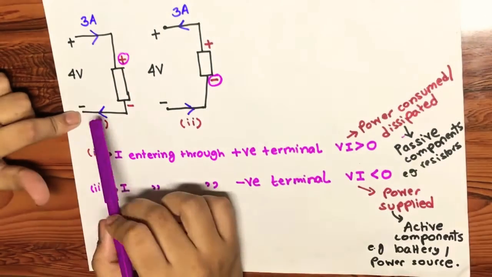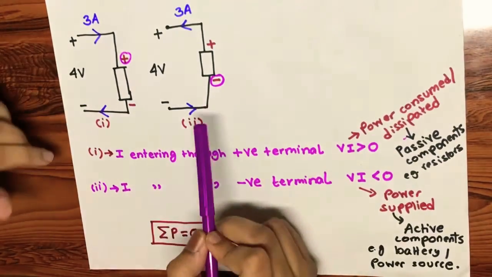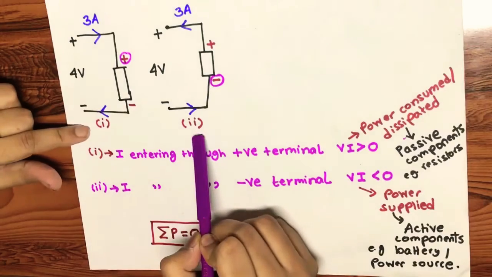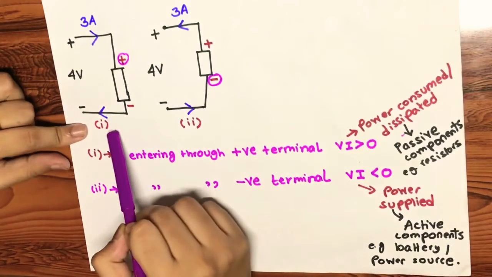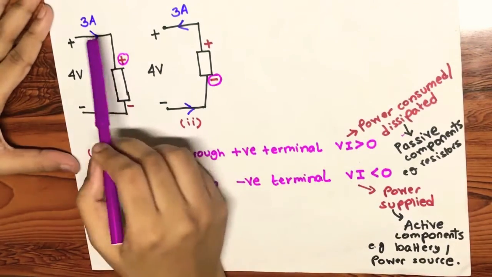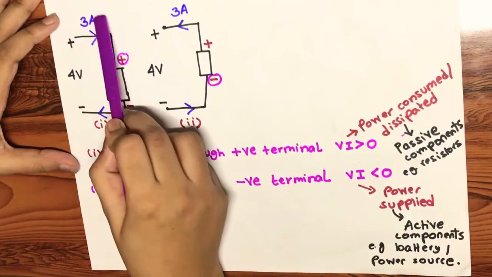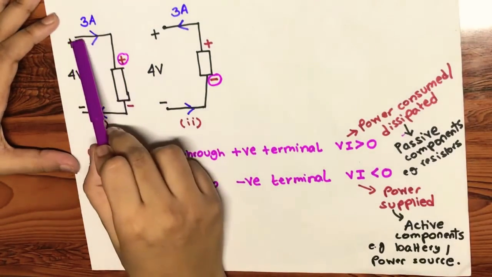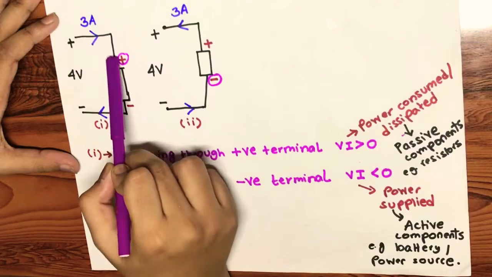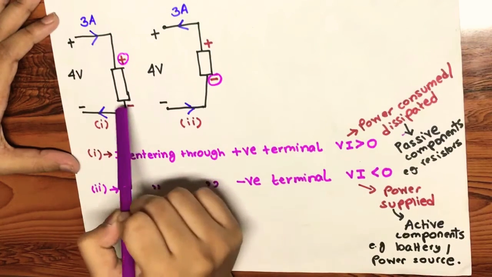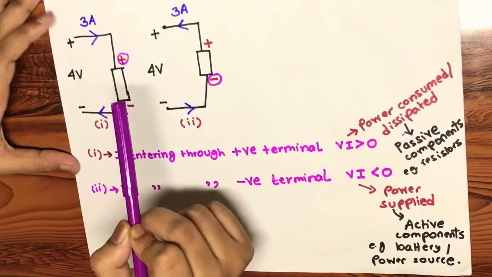Now we are going to look at two different cases, case 1 and case 2. In case 1, a 3 ampere current is flowing from the positive terminal to the negative terminal of the component.